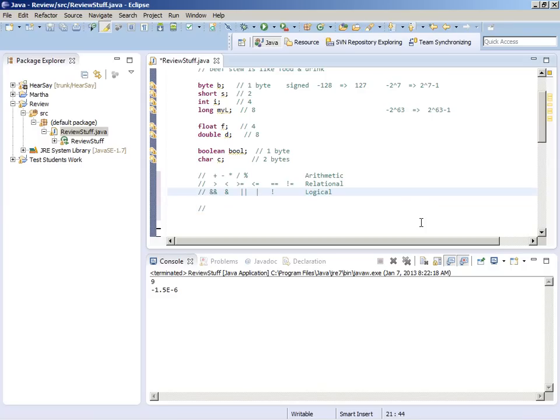I'm going to put it up here. The reason that I put it there, even though people don't use it very much, is because people think that this operator is the exponent operator. See, I used it up here as if it were an exponent operator, but it isn't. In Java, it is exclusive OR.